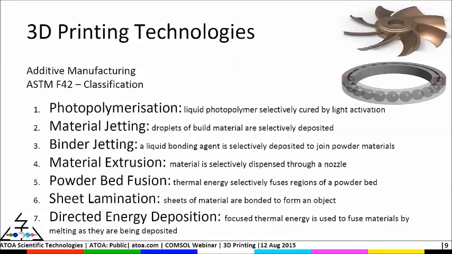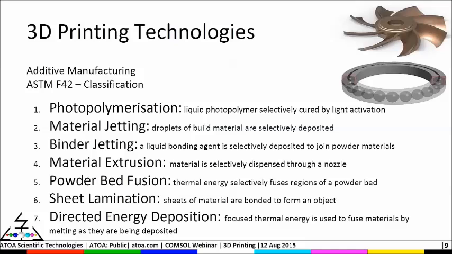In photopolymerization, the liquid photopolymer is cured by electromagnetic energy-based activation. In material jetting, it is the 3D equivalent of inkjet printing, where droplets of materials are deposited. In binder jetting, only a liquid bonding agent is deposited to join the powdered materials.